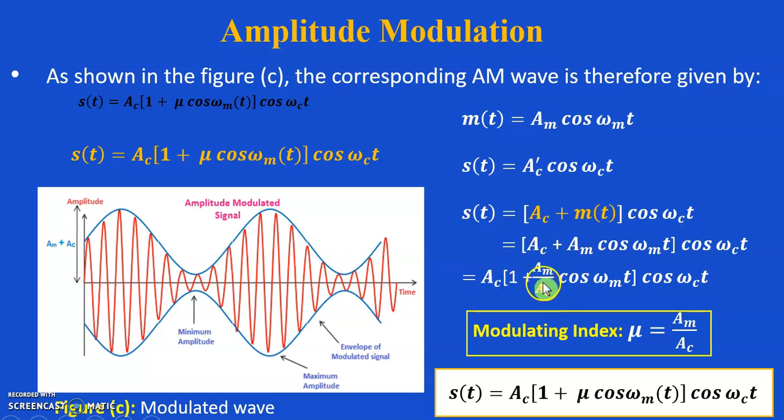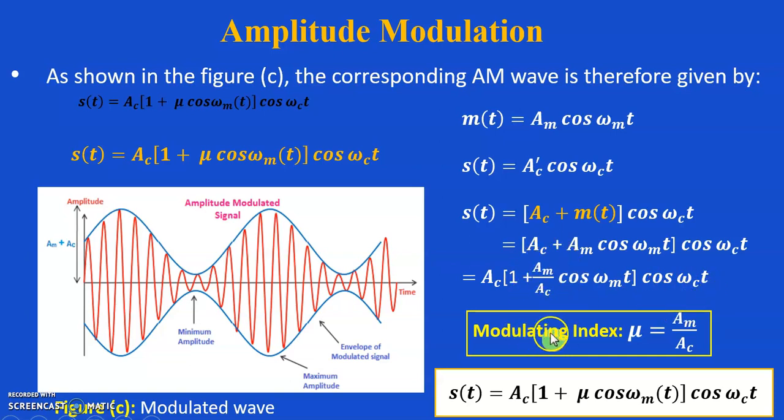AC and AC will be cancelled, and we will be left with Am cosine omega mt. So we take AC, which is the amplitude of the carrier, as a common factor, and we will be left with 1 plus Am over AC cosine omega mt, into cosine omega ct.